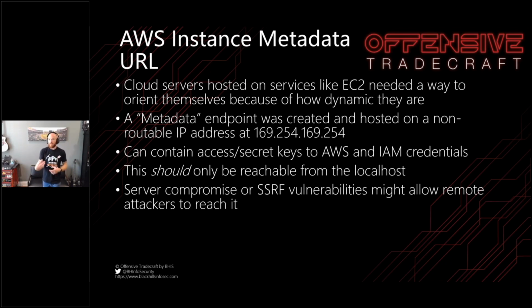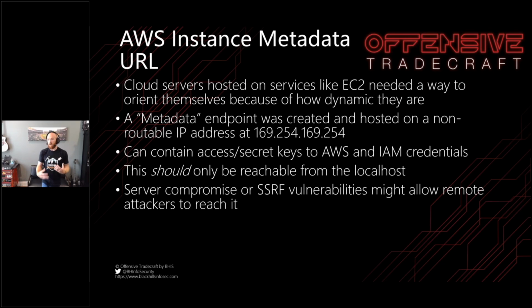So you can specify that an EC2 instance has certain capabilities, like provisioning different access, deploying different things, just like you can a user. And the way that they orient themselves is by setting up this metadata server.